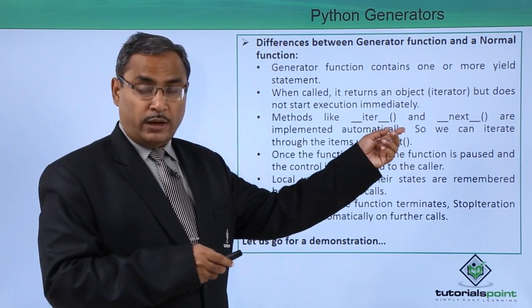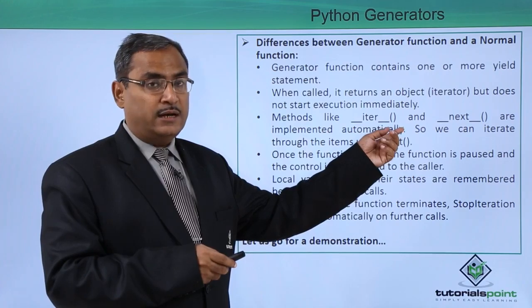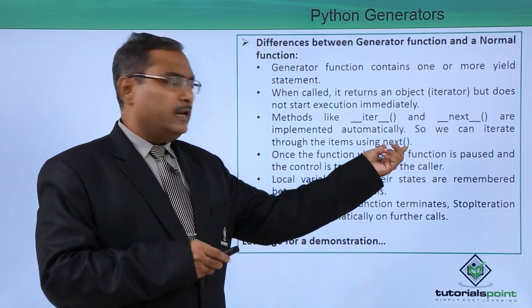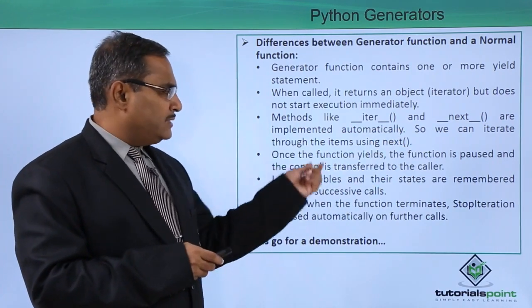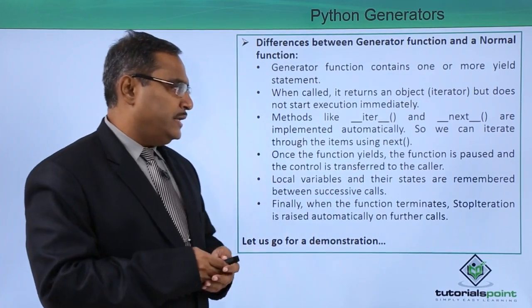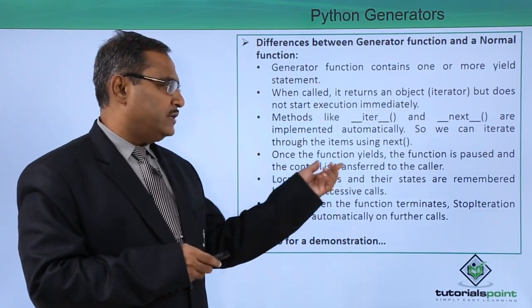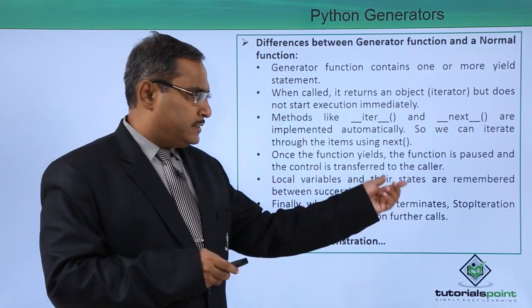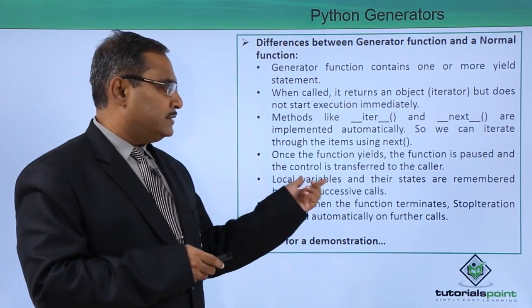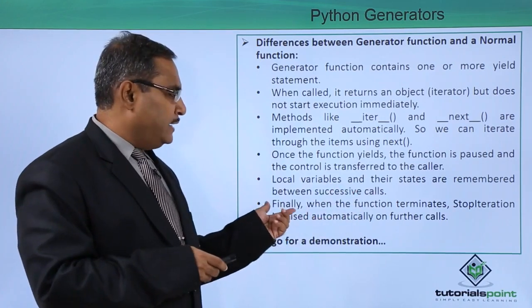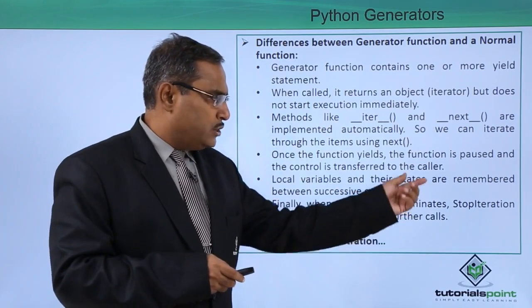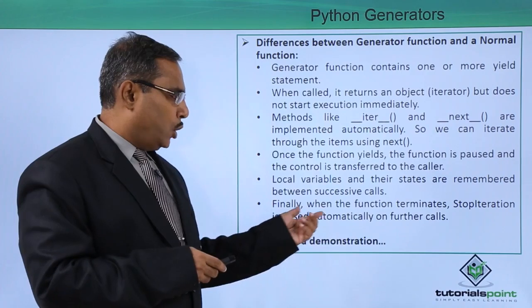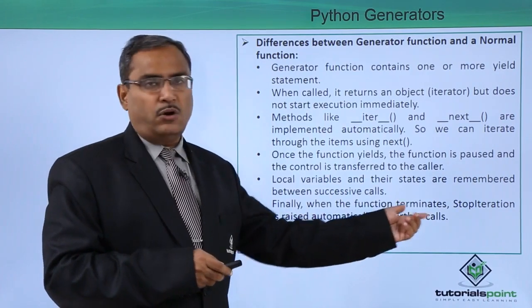Once the function yields, it is paused and control is transferred to the caller. Local variables and their states are remembered between successive calls. And finally, when the function terminates, StopIteration is raised automatically on further calling.